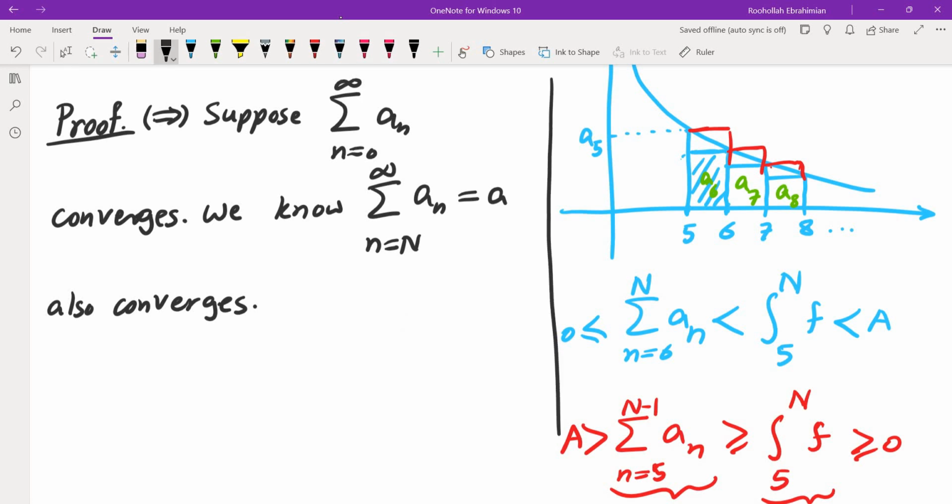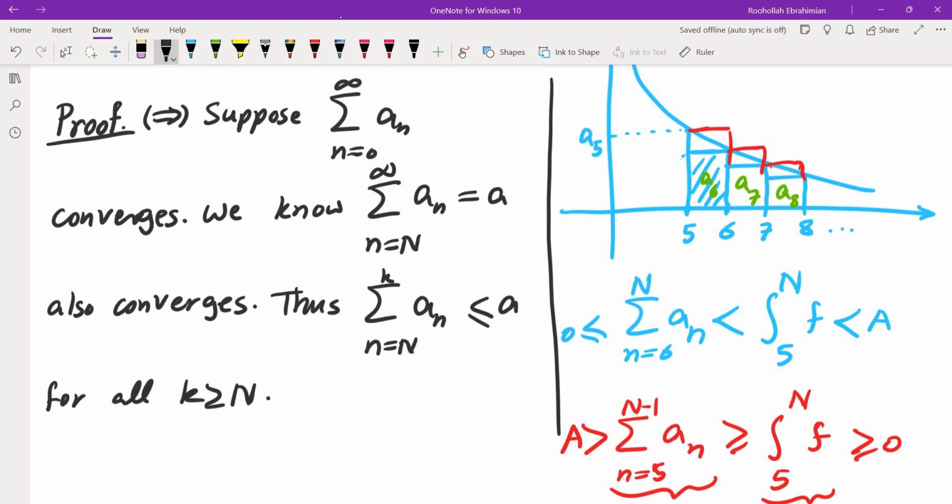Therefore, the sequence of those partial sums would be bounded. Thus, if I take a look at the partial sums, the sum of a_n from n equals capital N to k would be less than or equal to A, for all k greater than or equal to N.